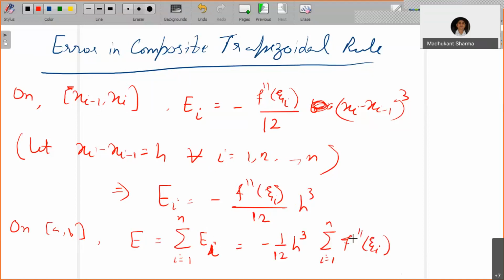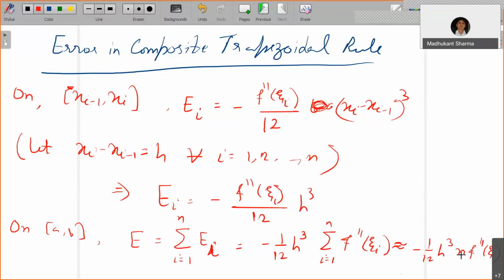Now since f second derivative is continuous, you can show that there exists a z in between a and b such that this f second derivative at z_i can be approximated by f second derivative at z. So again you can apply the mean value theorem here, so it will be minus 1 by 12 h cube n times f second derivative at z for some z in (a, b). Now what is n?